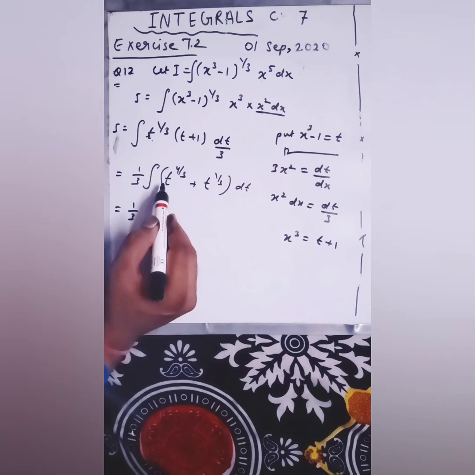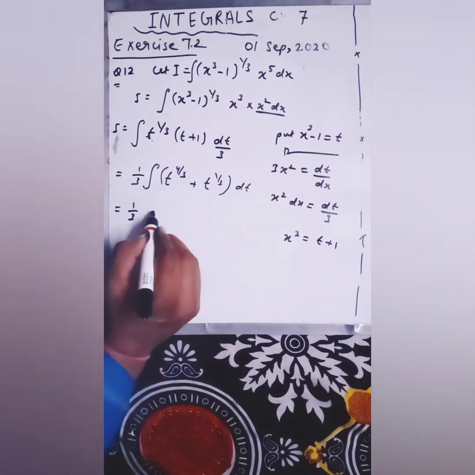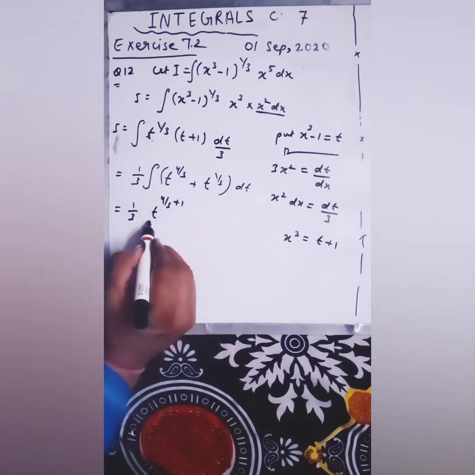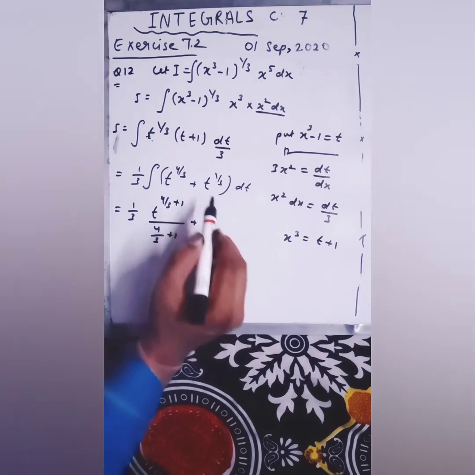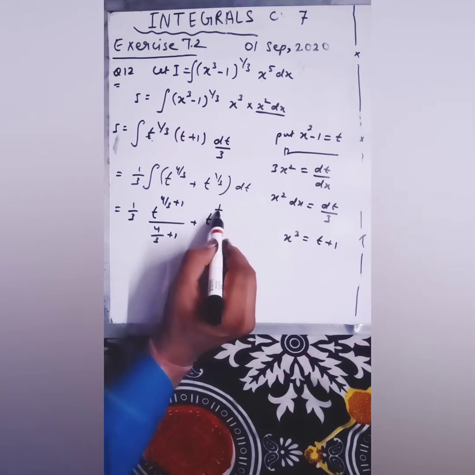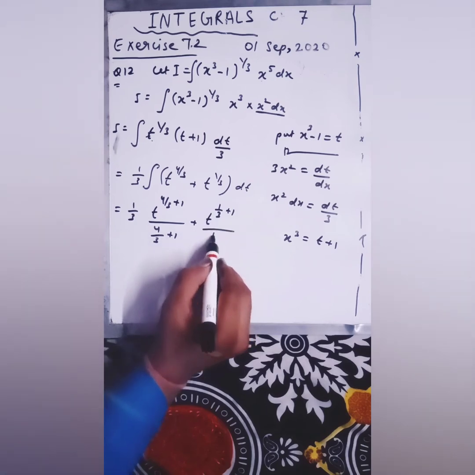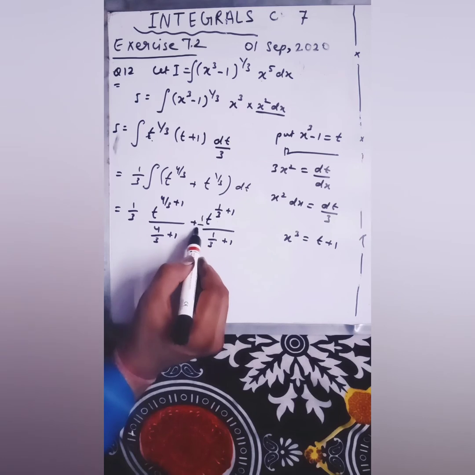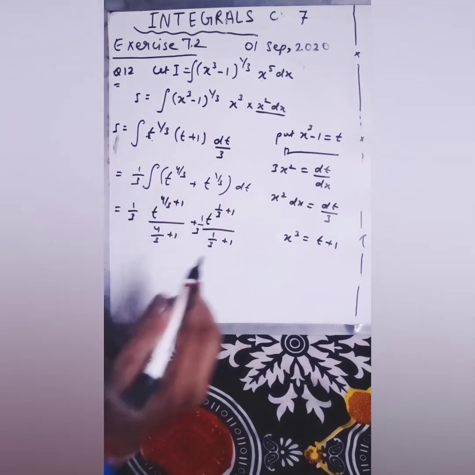When you integrate this, you have to write t raised to the power 4 by 3 plus 1, and divide with the same power. Plus similarly here you have to add 1 in the power and divide this with the same power. And I'm multiplying both by 1 by 3, because 1 by 3 is outside of both. Plus c.